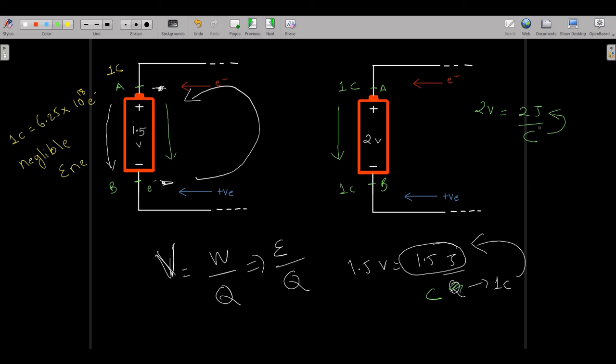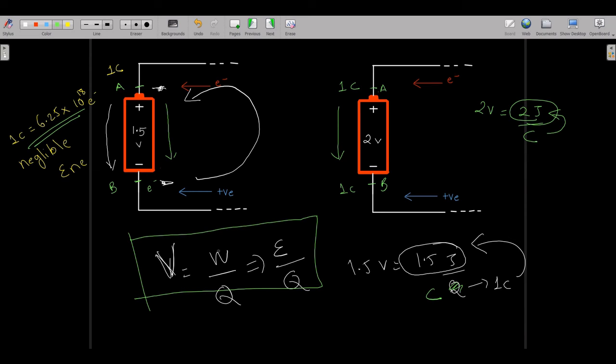That means there is an increment of 2 joules of energy, and 1 coulomb is nothing but 6.25 into 10 raised to 18 electrons. That means this amount of electrons is gaining 2 joules of energy to reach from point A to point B, and this phenomenon is known as voltage.